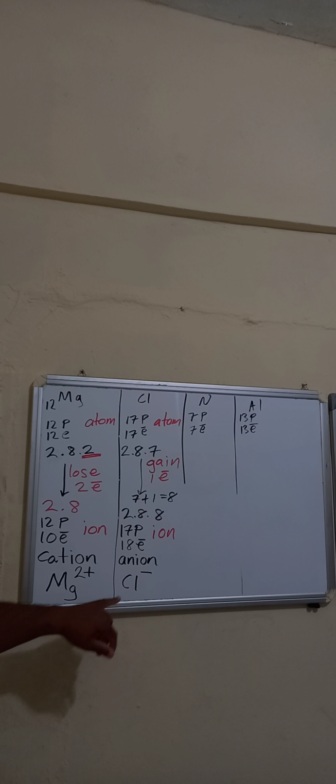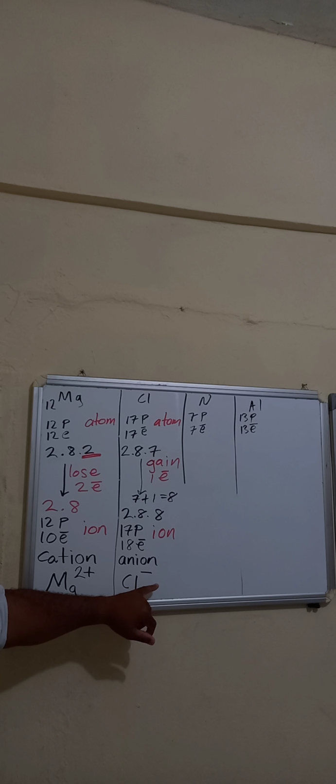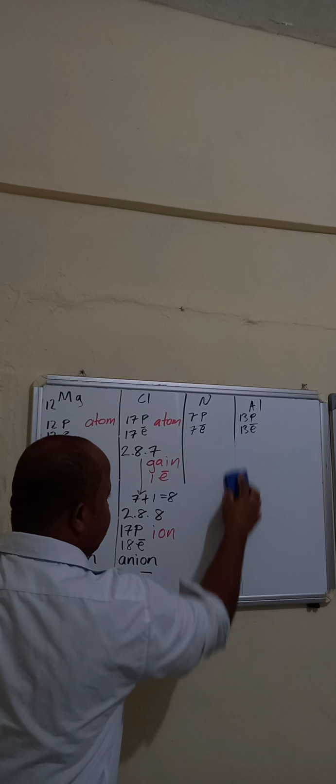So that's how we get the chloride ion. It's Cl minus. So let's do these two. Or you can pause the video at this point and try those two and see if you get it correct. If you want to do that, you can pause it now because I'm going to work it.